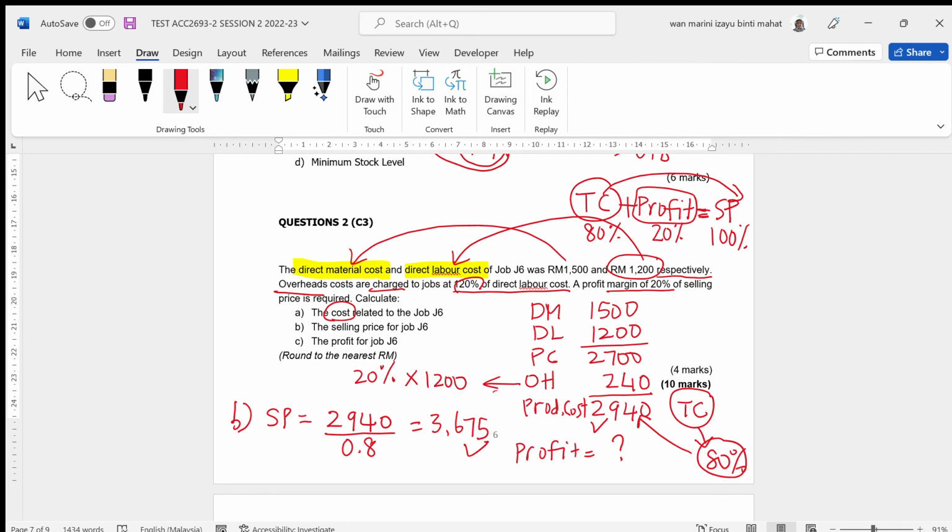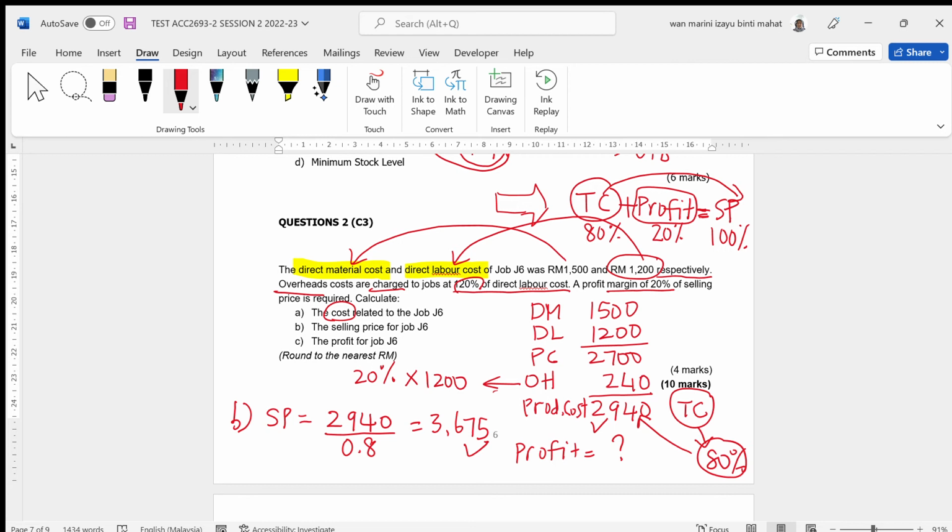Try to determine that. From this equation, you can actually work out the selling price, the total cost, and the profit. See which one you initially work out first, and you can continue from there.